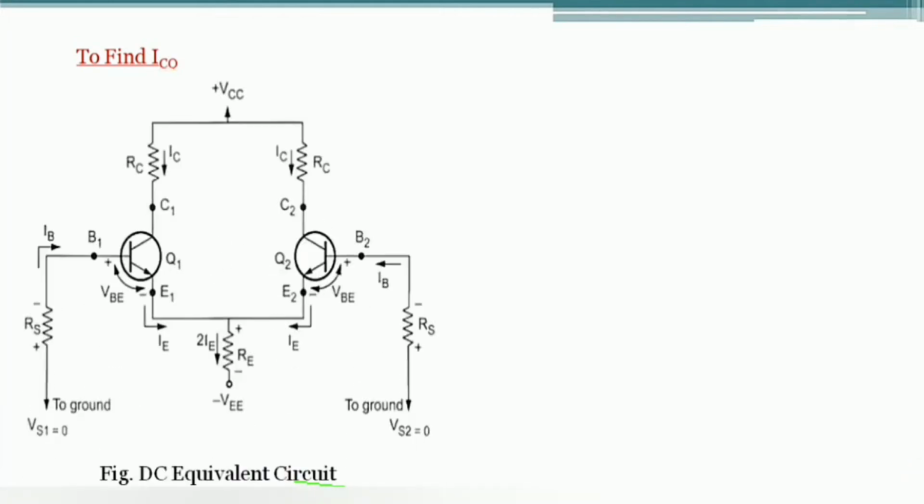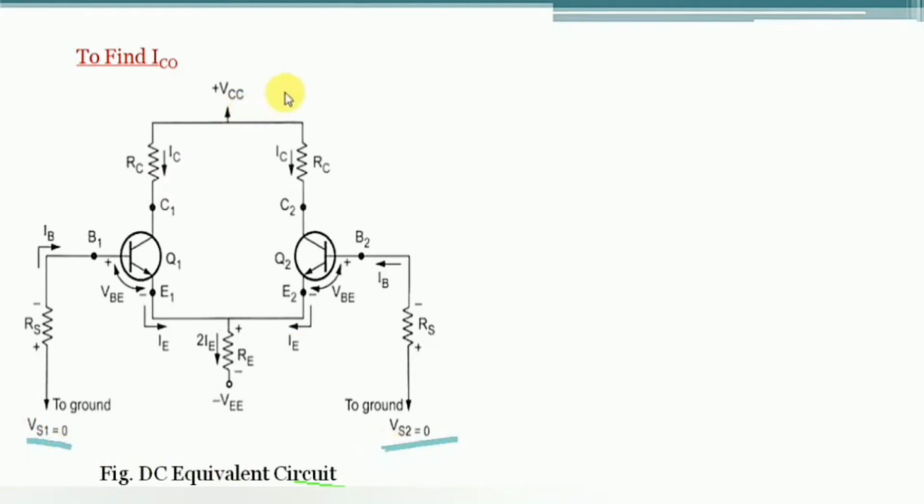Now we have to find the collector current for the dual input balanced output differential amplifier. Consider how the DC equivalent circuit will be for the dual input balanced output differential amplifier. In this, the input AC signals VS1 and VS2 are 0.